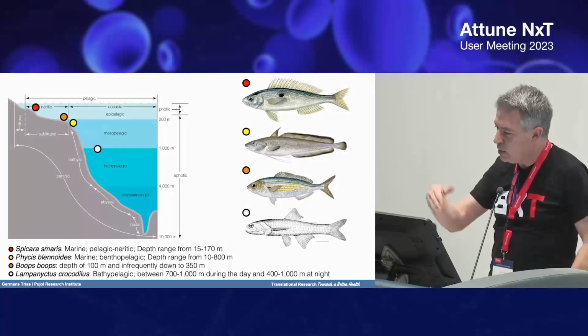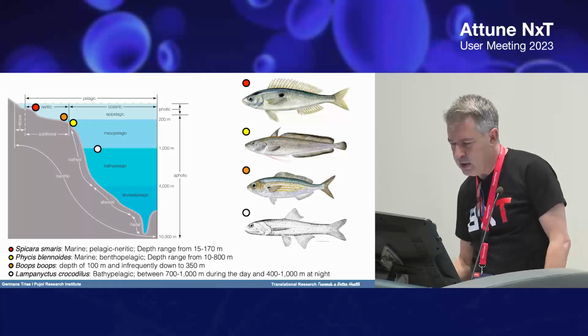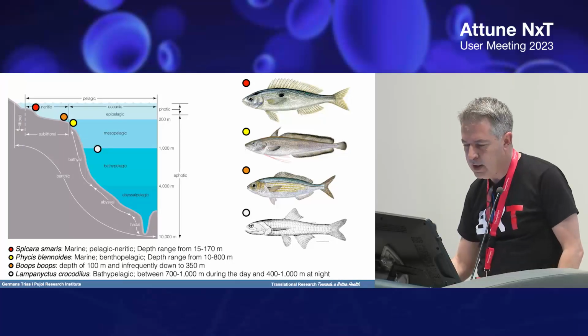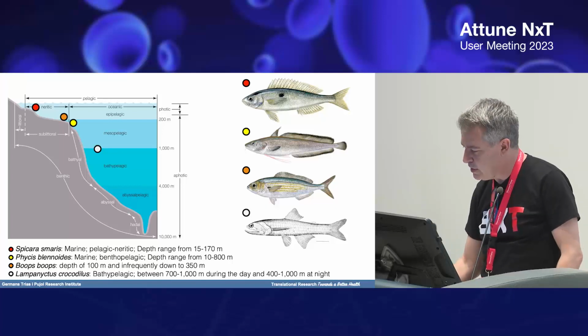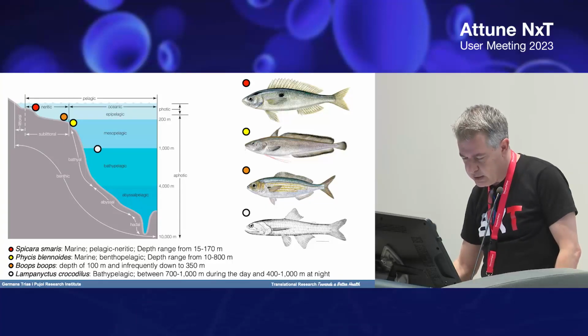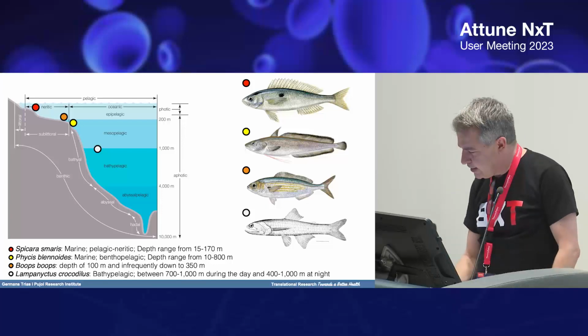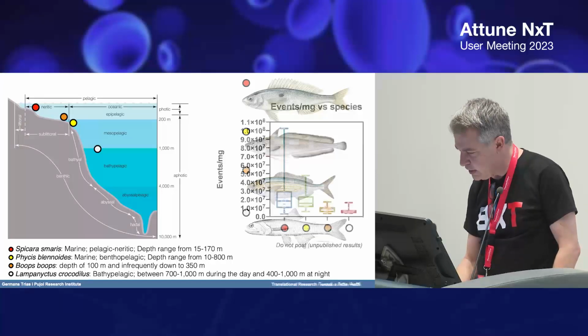We have studied more than the 4 species that I'm showing here, but just to show you the epipelagic ones, which are mainly in the coastal zone, and compare the different accumulation of plastics with the more pelagic species: Calamaris, Physis blenoides, Bulbus, and Lanthanitus crocodilus, which are very common species that can also have an important role in the fishery industries.